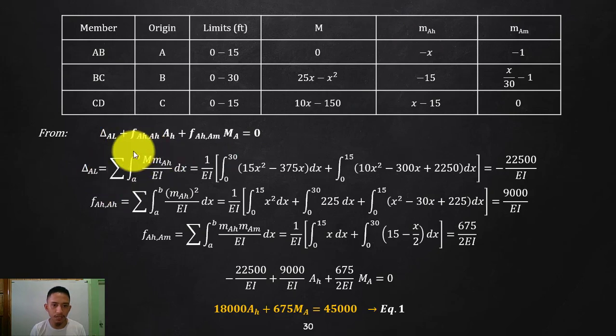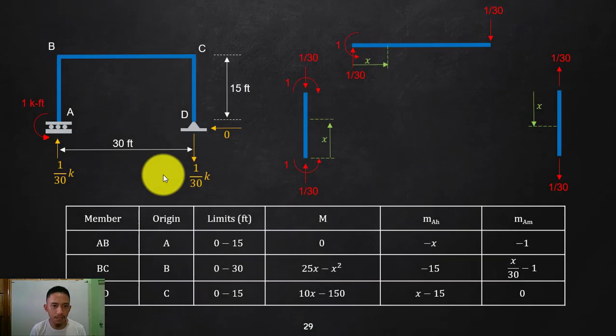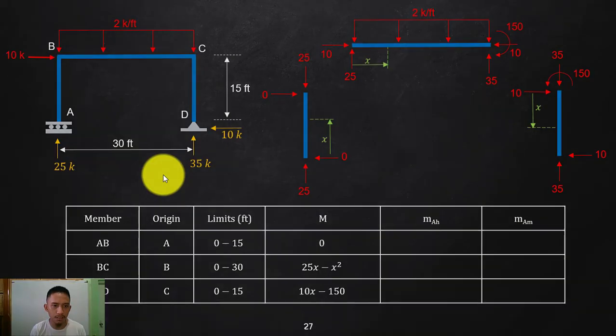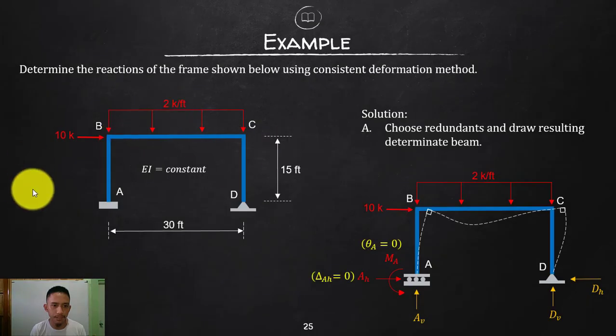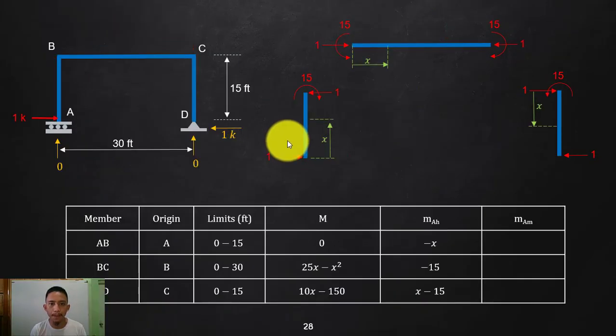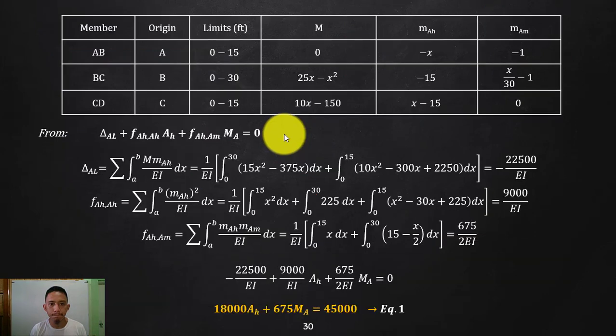So all you need to do is multiply your moment equations and then integrate given the limits. But since I've given in the problem that EI is constant, you can factor out your EI. Now let's start with segment or member AB.